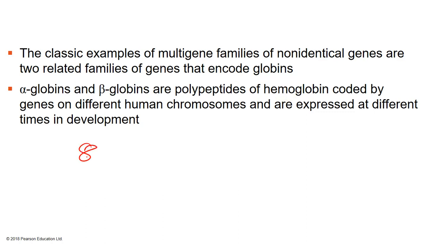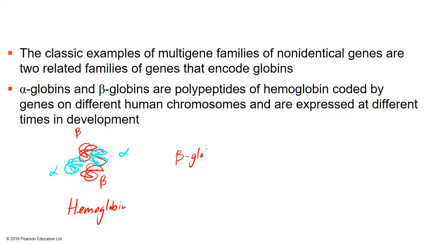Remember, the human hemoglobin consists of 2 alpha and 2 beta polypeptides. So this is hemoglobin. And we have the beta globin gene that will give the beta polypeptide.